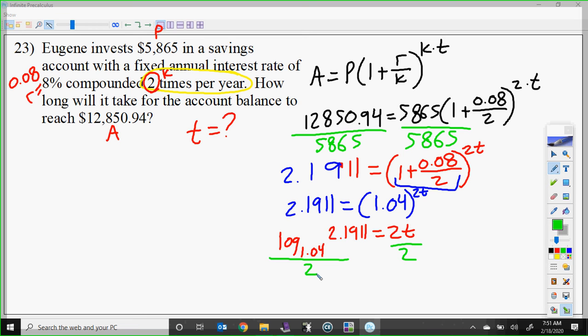Actually, I'm just going to use that value from earlier. Okay. And then divide it by 2, and that gives me t equals, I got 10 with a whole bunch of zeros behind it, so t equals 10. If I forgot to divide it by 2, I'd end up with t equals 20. So make sure you remember to divide it by 2. So t equals 10, and that's years.